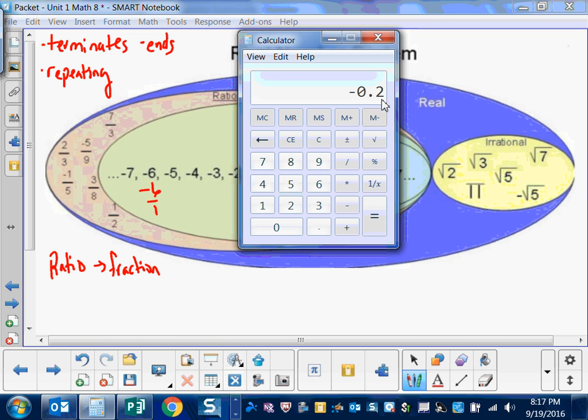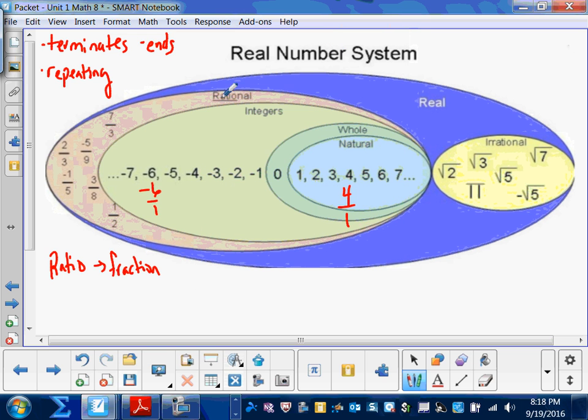Well, that's a terminating or an ending decimal. It's just 0.2. How about 3/8? That's a decimal that terminates or ends. And how about 1/2? It's 0.5. That also terminates or ends. So rational numbers are all these numbers because they can be written as a ratio or a fraction.